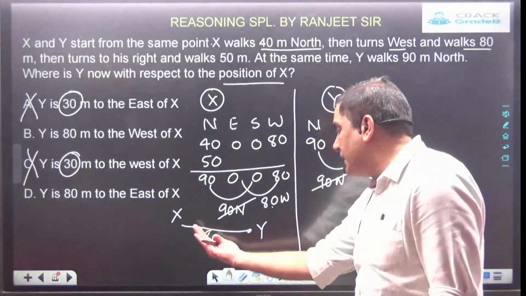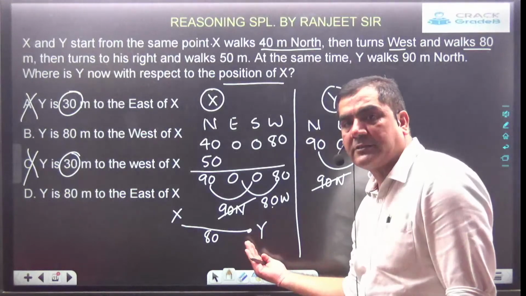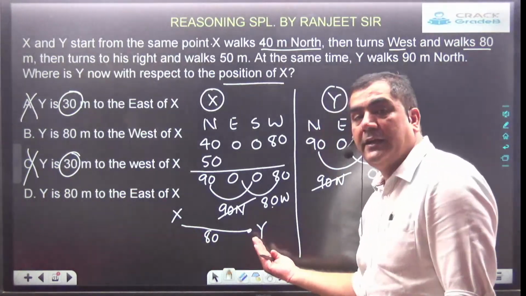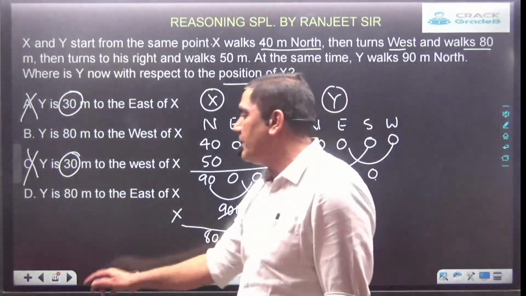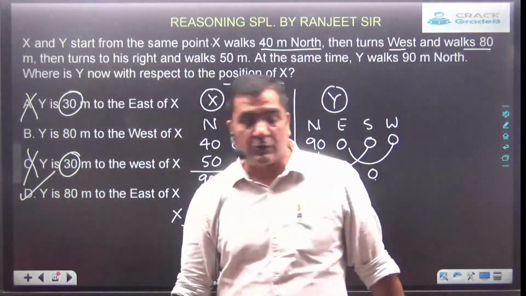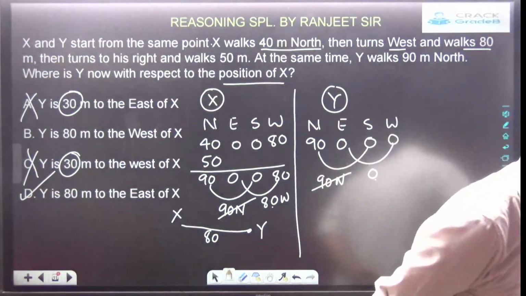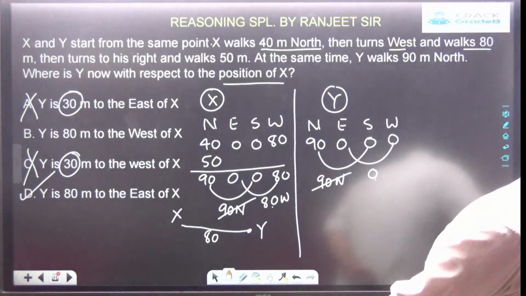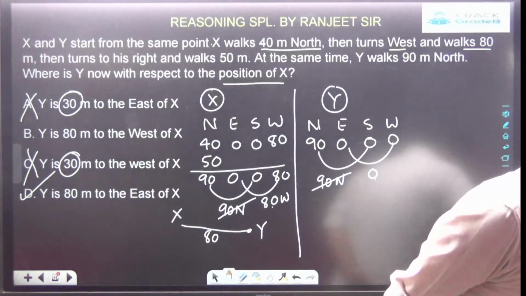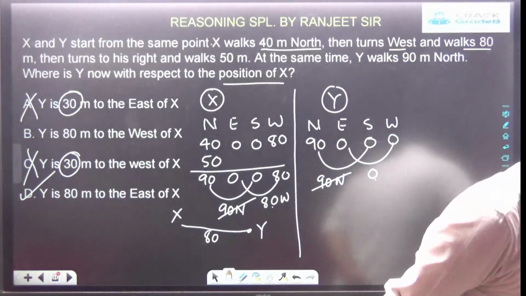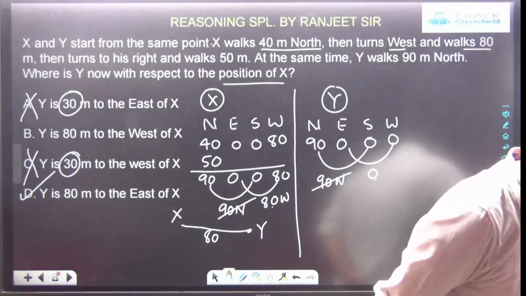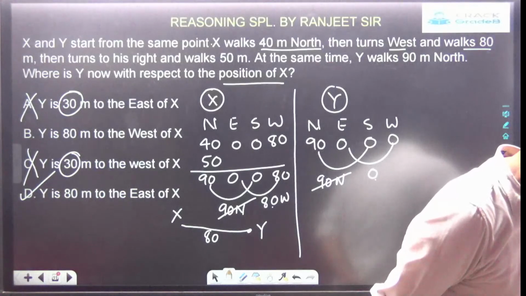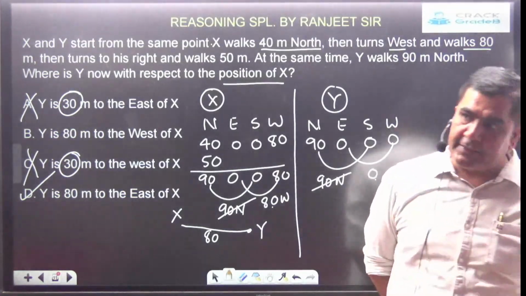It means Y should be on the east of X. So the answer should be: Y is 80 meters east of X. Understood or not? Absolutely, Aniket. Absolutely. Clear? I think this concept is clear.